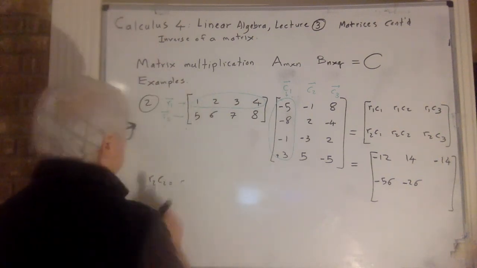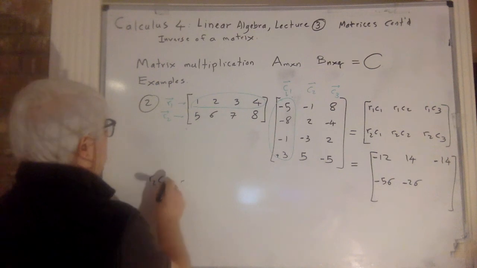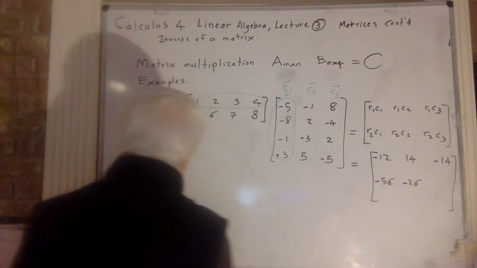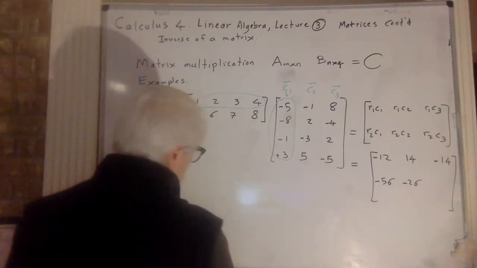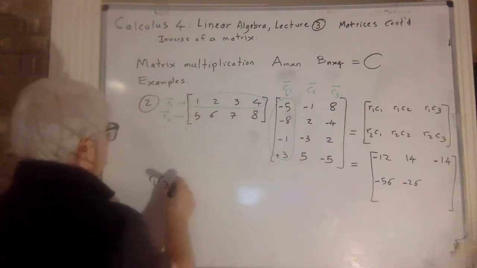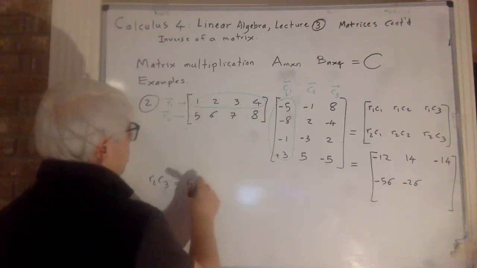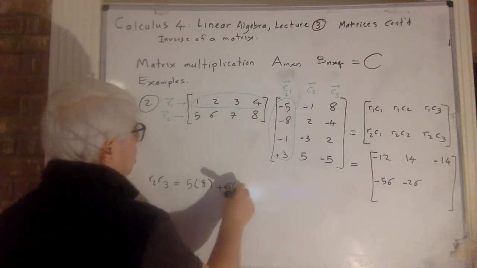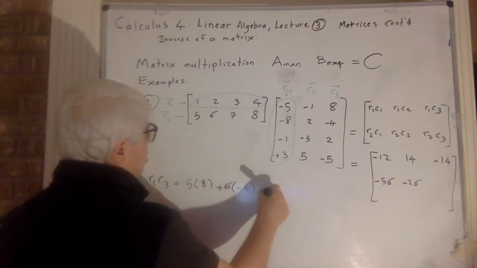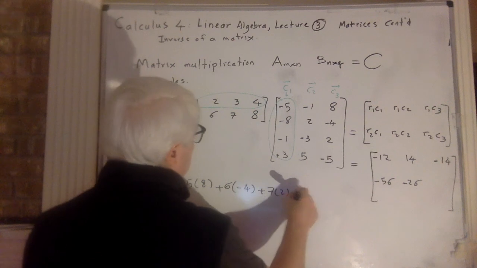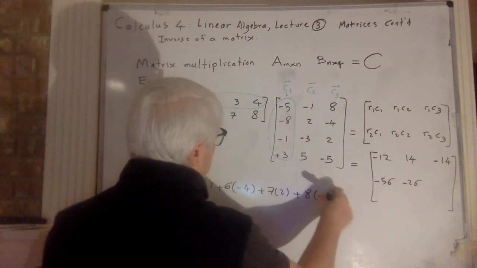So R2C3 will be 5 times 8 plus 6 times minus 4 plus 7 times 2 plus 8 times minus 5.